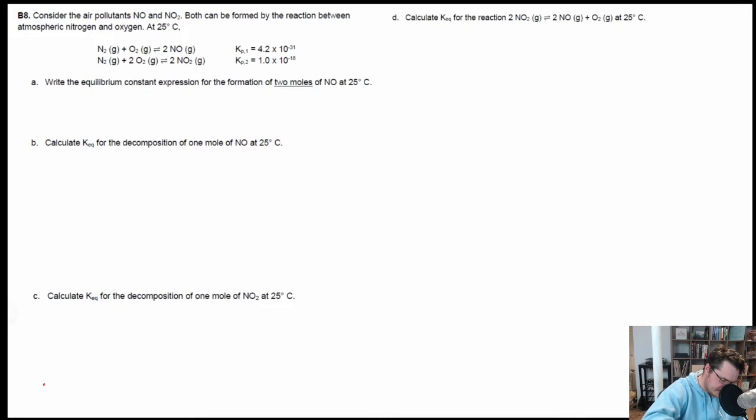In this case, we're given two different reactions: the conversion of N2 and O2 into NO or into NO2, and we're given the equilibrium constants, the K values, in both cases. If we look at those K values, they're incredibly small, times 10 to the negative 31, times 10 to the negative 18. They're not really going to be favored to occur.